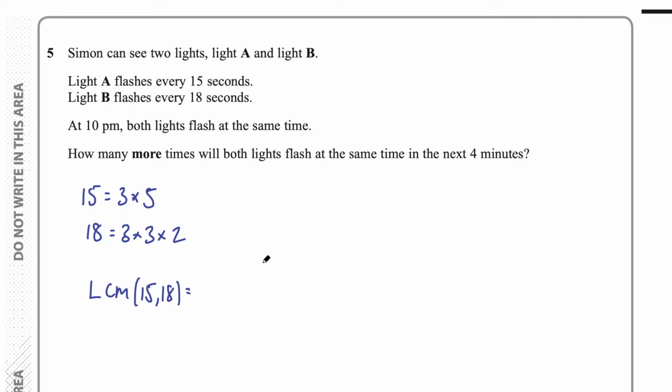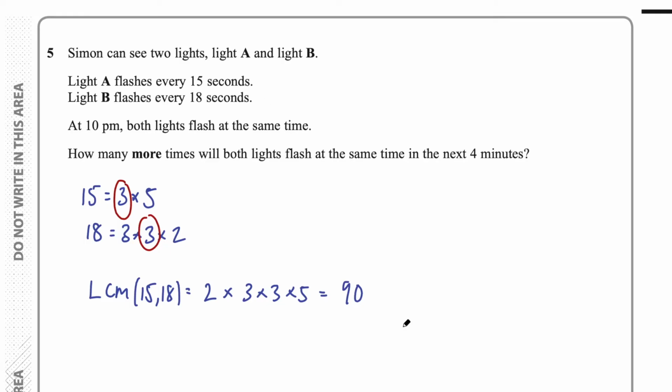If there are any factors common to both, we only count those once. So because I have a 3 in both, a 3 in 15 and a 3 in 18, I only count that once. So the lowest common multiple is going to be 2 times 3 times 3 times 5. So this is going to be 6 times 15, which is 90.